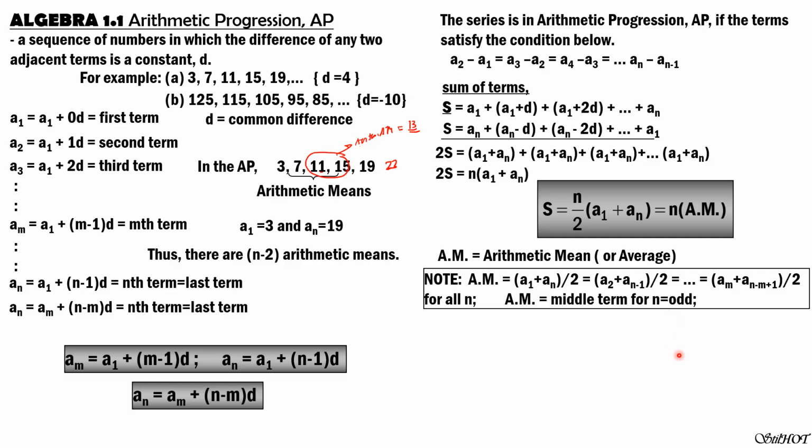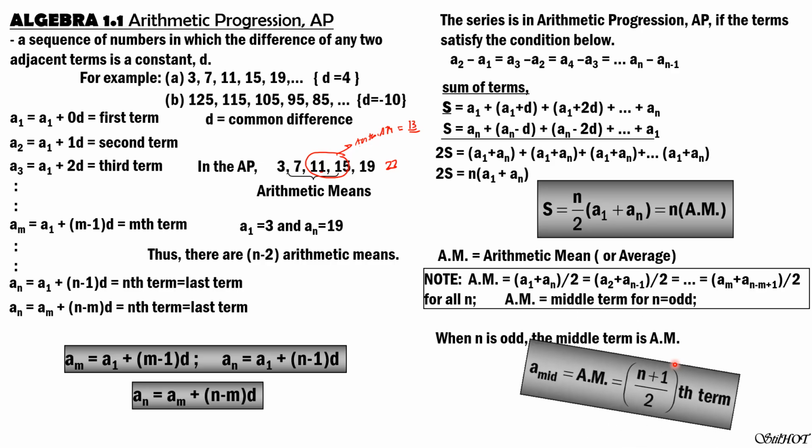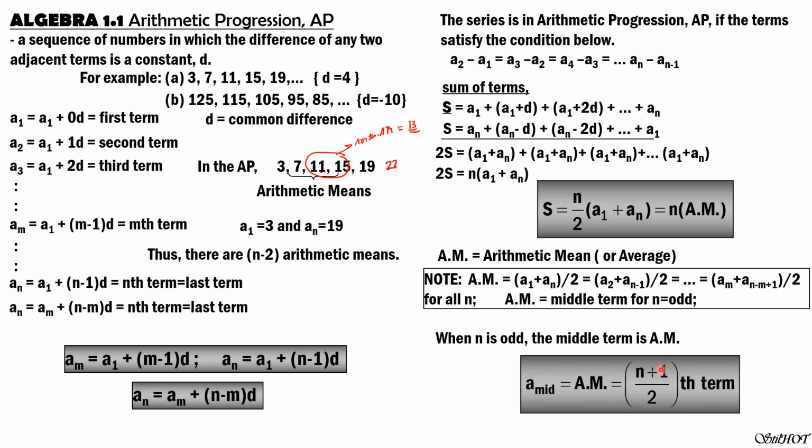When n is odd, the middle term is am, which is the term number n plus 1 over 2. When n is odd, the middle term, or arithmetic mean, is the n plus 1 over 2 term.